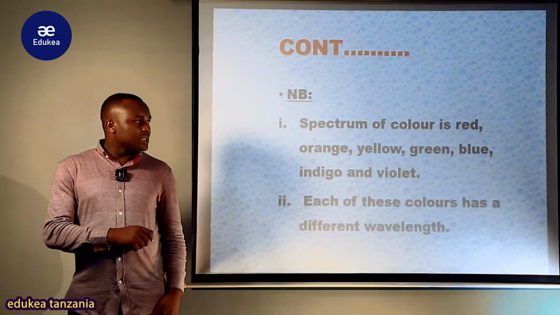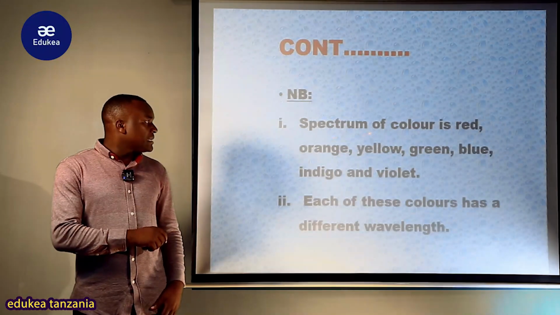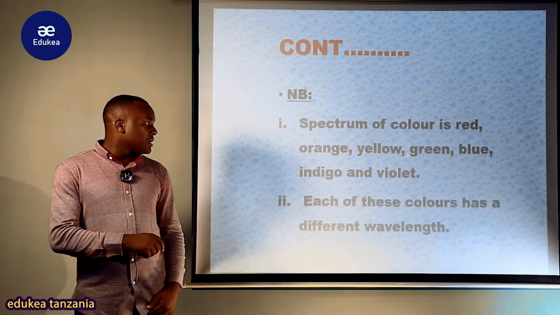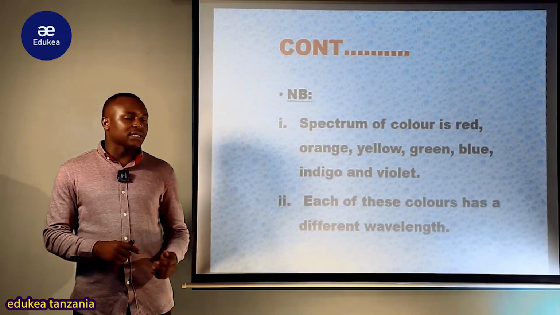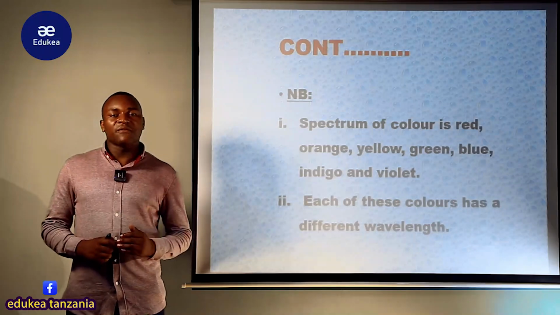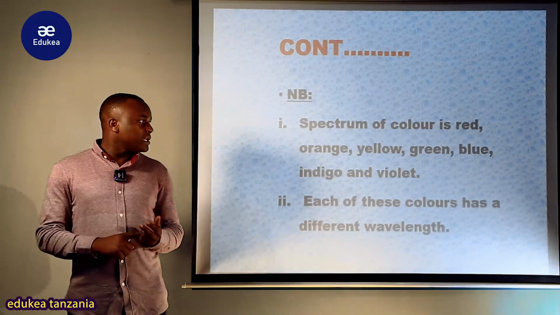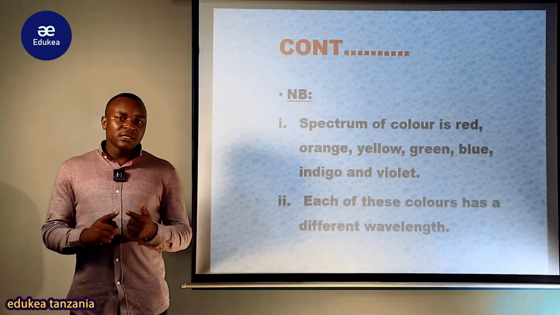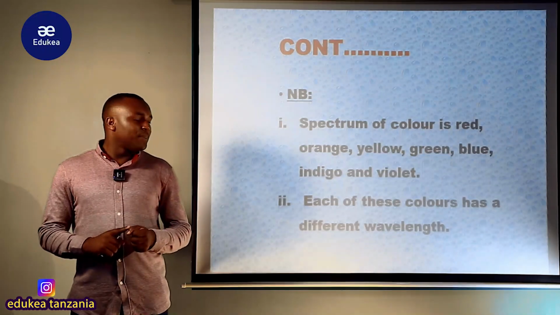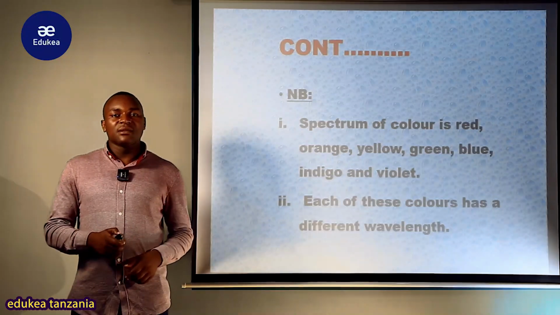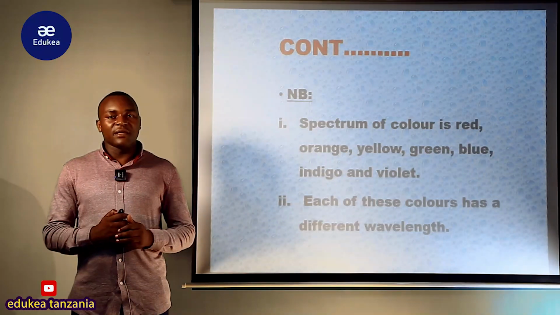Okay, something to note, we say that the spectrum of a color is red, orange, yellow, green, blue, indigo and violet. Tumeshatambulisha ile spectrum of color kwamba ina red, orange, yellow, green, blue, indigo and the last one is violet. That is the spectrum of the color.